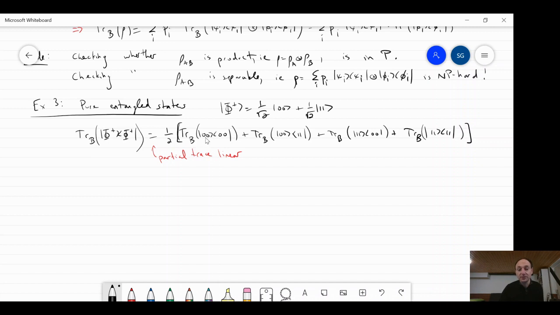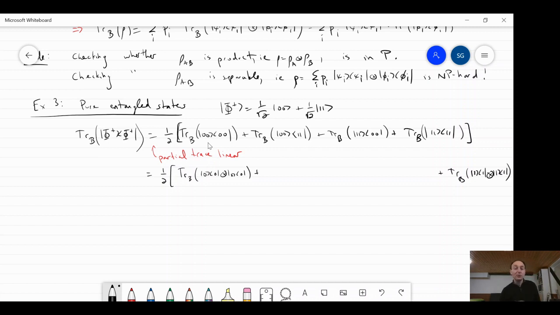Let me write it out fully because it's the first time we're doing it. We're doing the trace out of B of |0><0| tensor |0><0|, and the last one is similar: |1><1| tensor |1><1|.